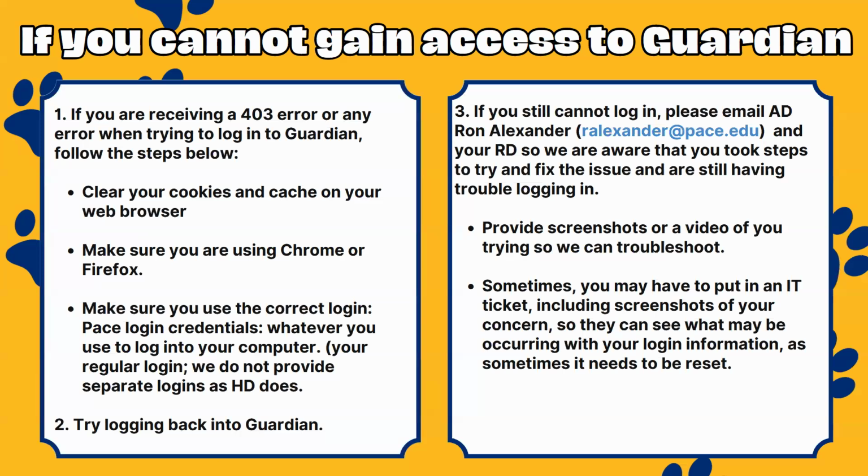If you're still in login limbo, shoot an email to AD Ron Alexander, ralexander@pace.edu, and your RD. Let them know you've been on a troubleshooting adventure. Include screenshots or a video of your epic login attempts for a clearer picture. In some cases, you might need to call in the IT cavalry. Submit a ticket with your screenshots so they can get to the bottom of this login mystery.